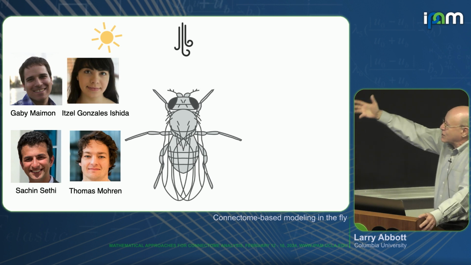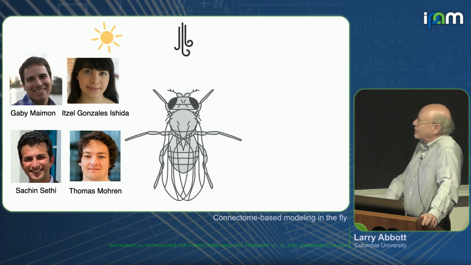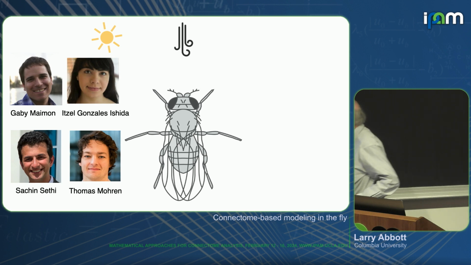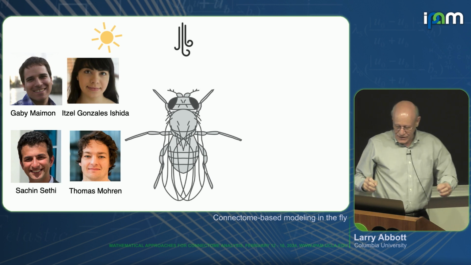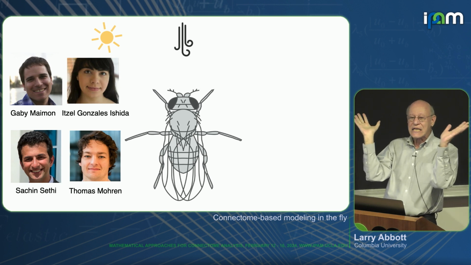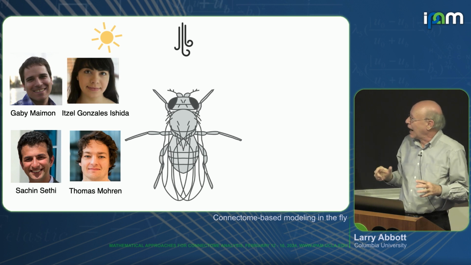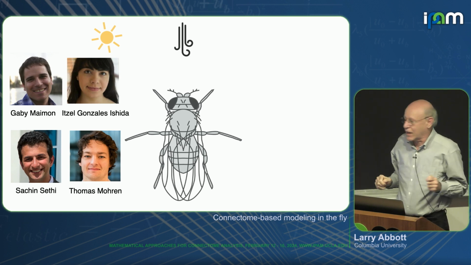So this is a fly out in the breeze. There's a wind blowing straight in its face, and flies detect the wind through their antennae, through a torsion on their antennae. In this case, the fly's two antennae would be equally disturbed by the wind, and they would report that the wind is straight out in front.